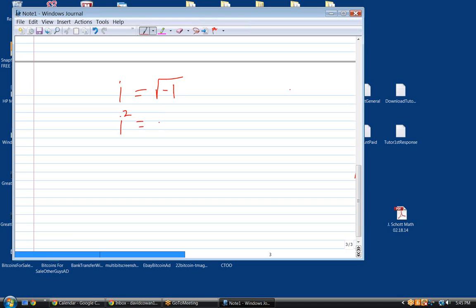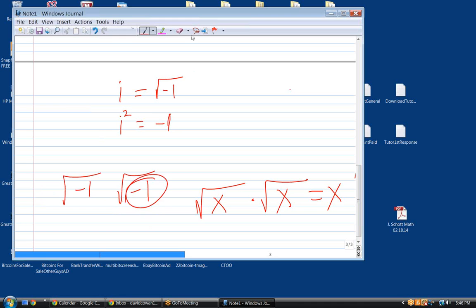Isn't it just 1? Or something? In other words, when I take the square root of anything times the square root of that same thing, it's always whatever's inside there. So when I multiply square root of -1 by square root of -1, I'm going to get -1.